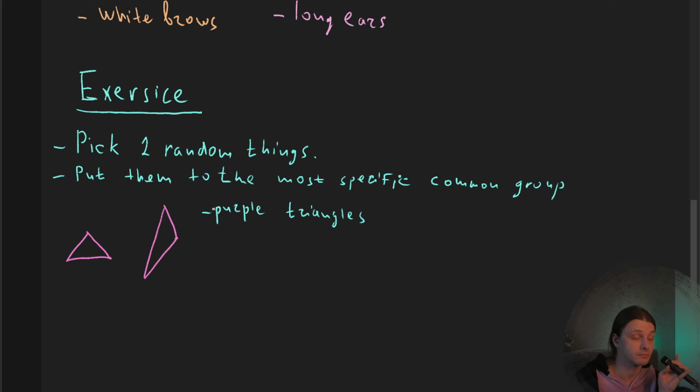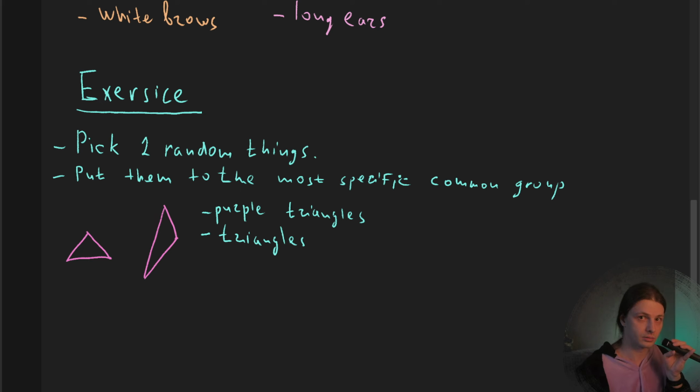What else? Let's think. If we were not so specific here, we may put these triangles just to a group triangles. Or we can put it to a group colored triangles.